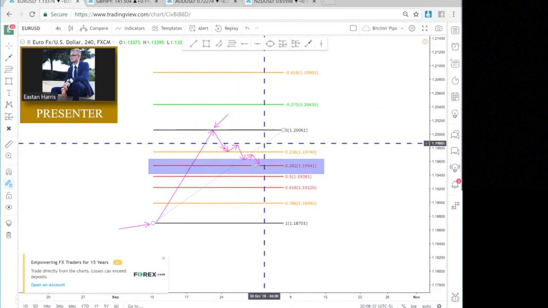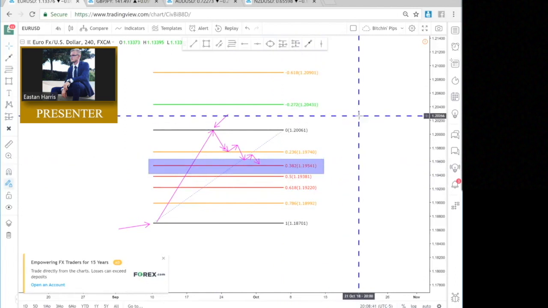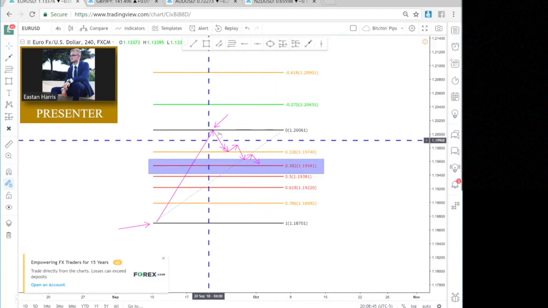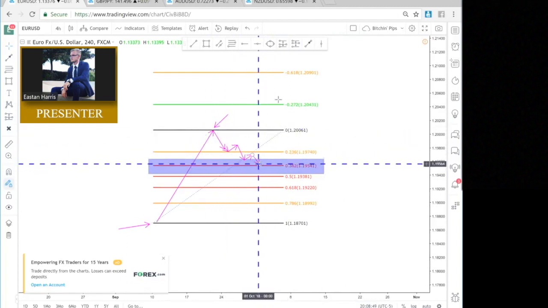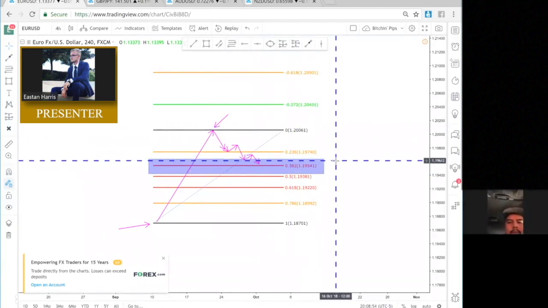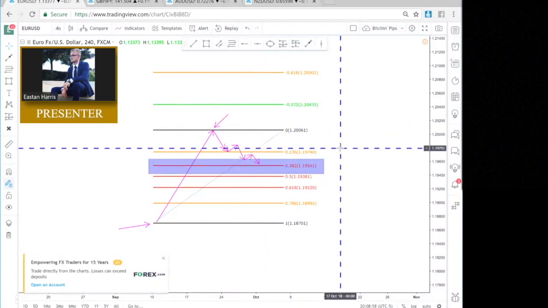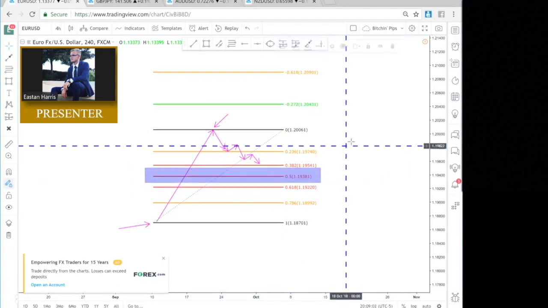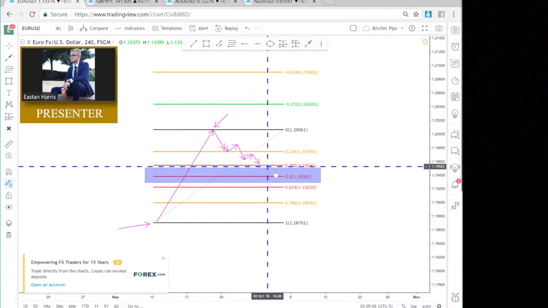So we're not going to willy-nilly just take trades from these areas, and I'll get into that in a second when we get in the charts. But price can react from the 38.2, and most of the time when it does, you see a much faster move. Whereas if it reacted from, say, the 61.8, you're going to see a much faster move normally. Okay, so next we got the 50, which is basically the same as the 38.2, just a little further back.